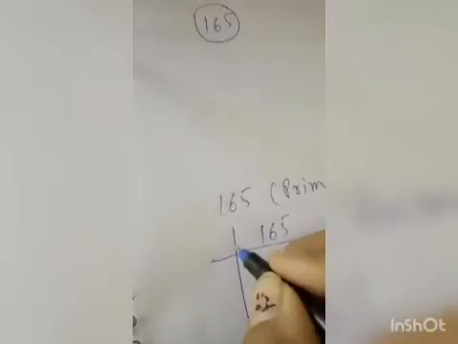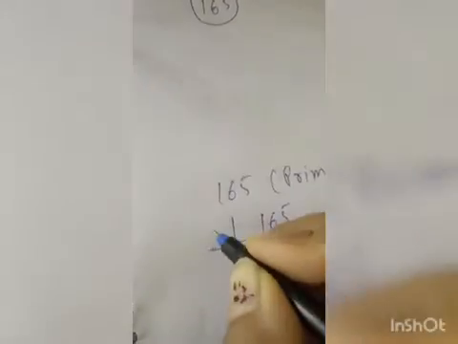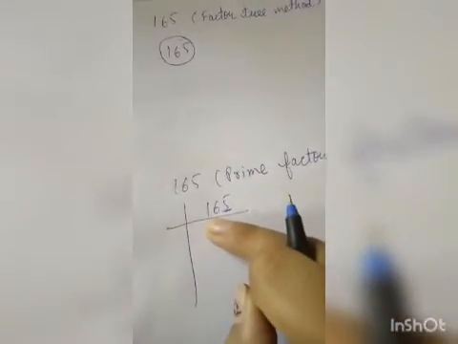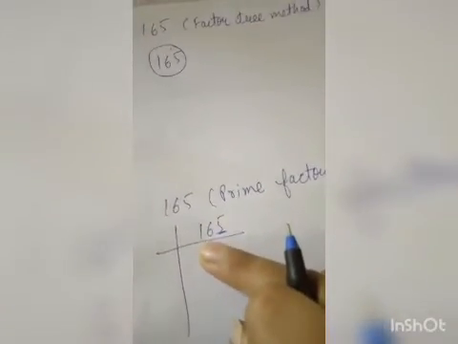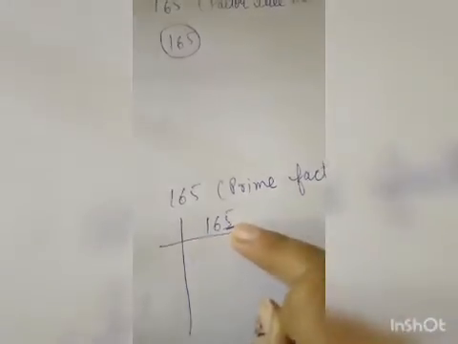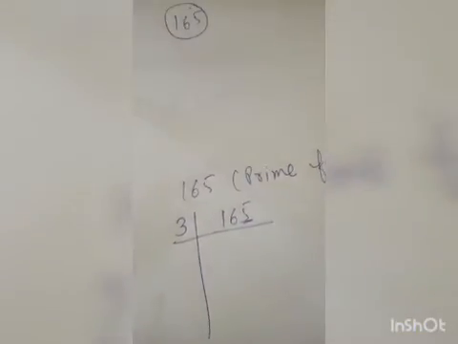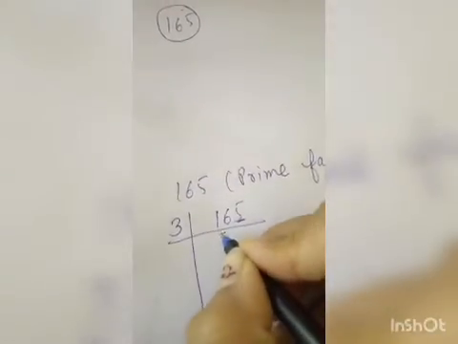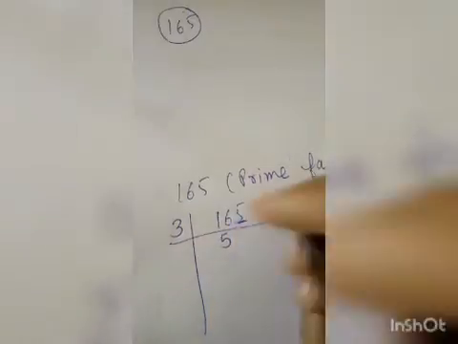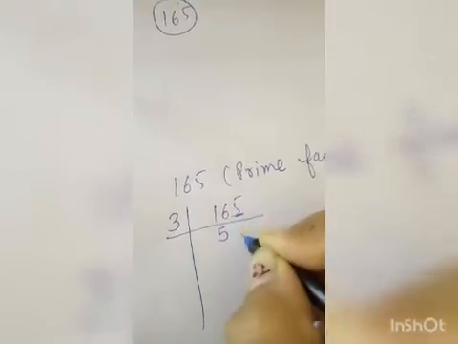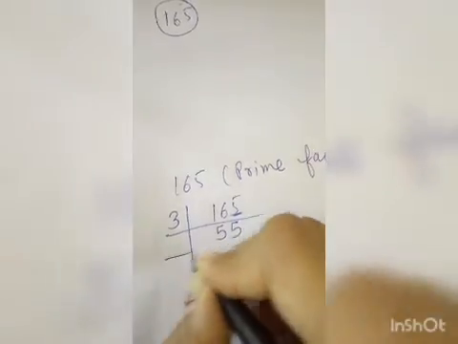165, if we do it, we have to divide it by the least number. It does not get divided by 2 because 2 is even and this is odd. So if we try to divide 165 by 3, we get remainder 0. So it is okay, we can use 3 to divide this number. 3 5s are 15, then remainder 1 5, and again 3 5s are 15.